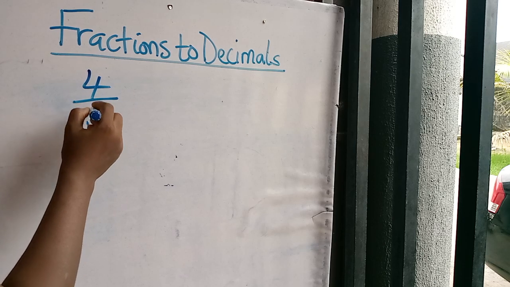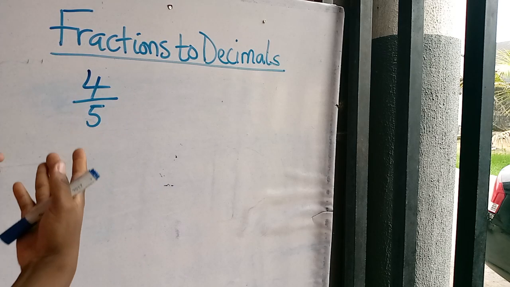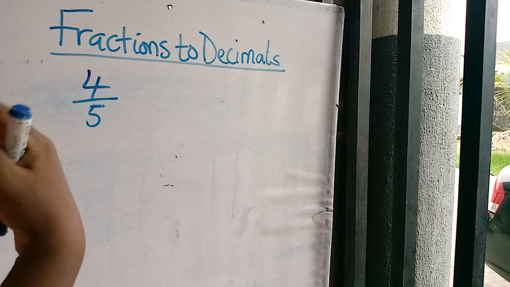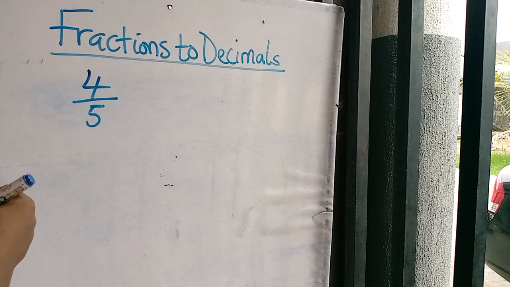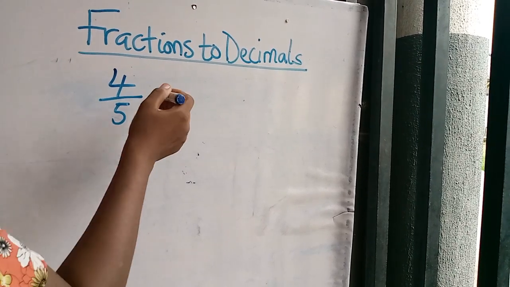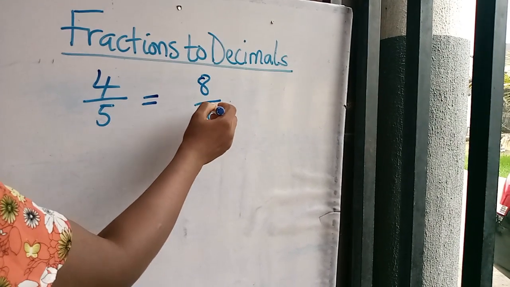We are going to turn this fraction into a new equivalent fraction with a base 10 denominator. But how do we do this? The equivalent of 4 over 5 will give us 8 over 10.